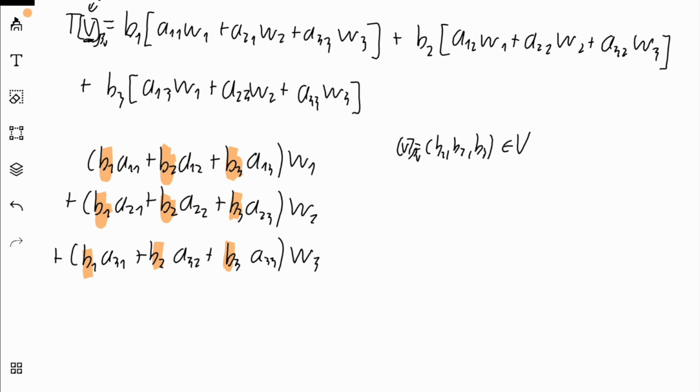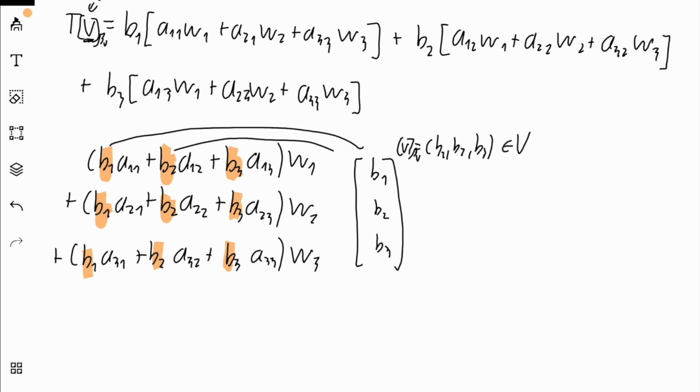So now we're going to take all these coefficients out, b1, b2, b3, into a vector. We're removing all of them. And then you can kind of see why we're already defining matrix-vector multiplication how we are.